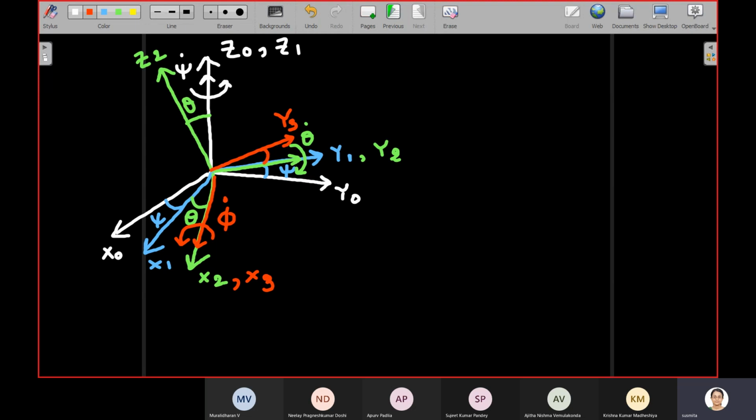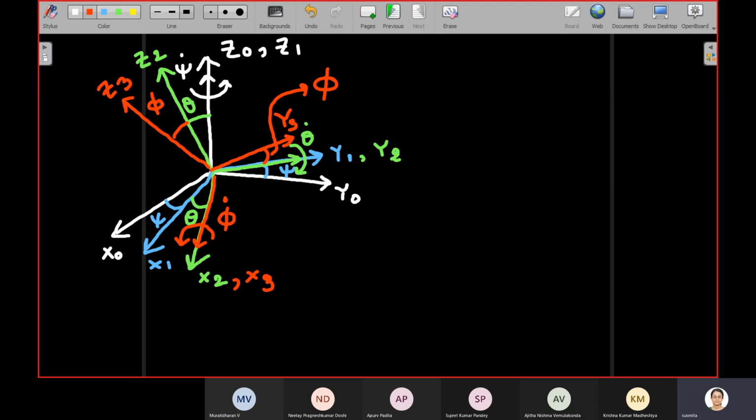This angle is phi. So we have shown the directions of all the three time derivatives, psi dot, then theta dot, and phi dot. Right, and our objective is to find the expressions of these time derivatives.